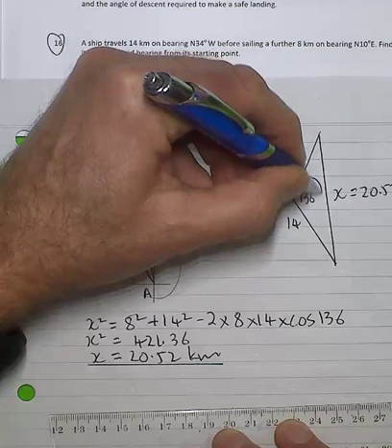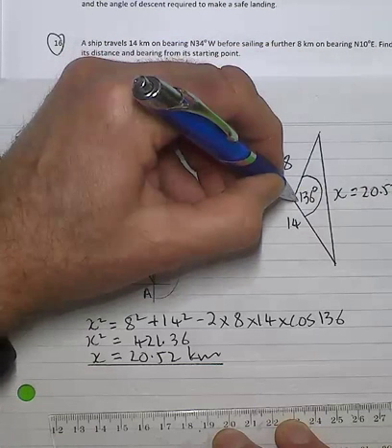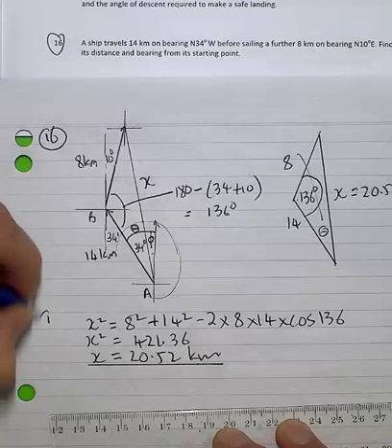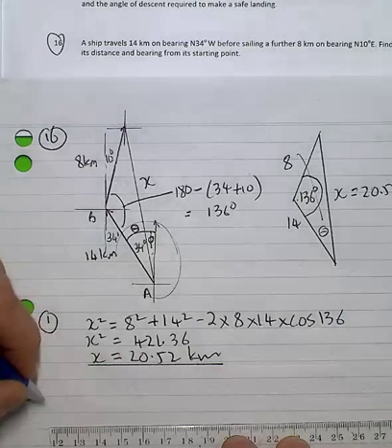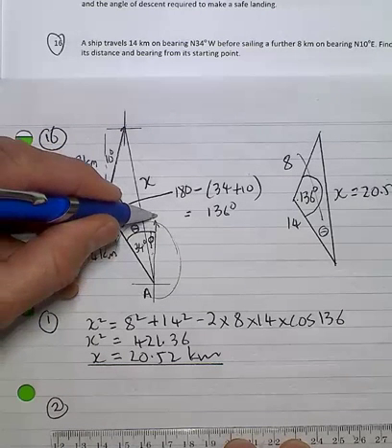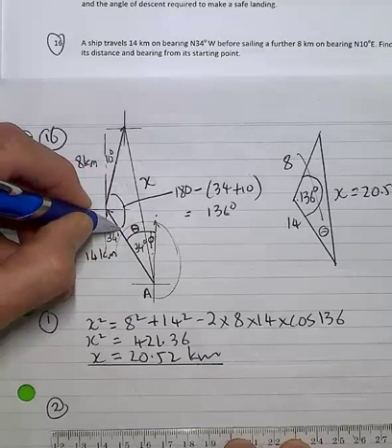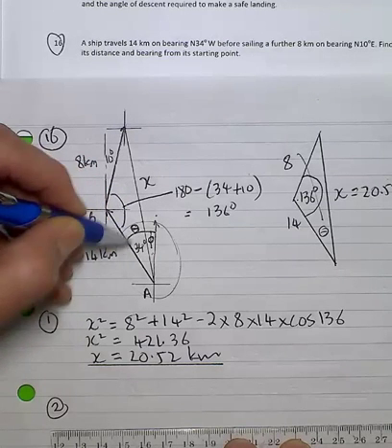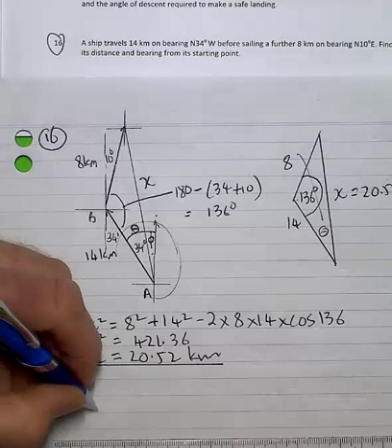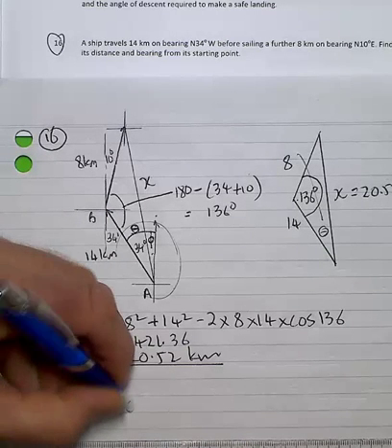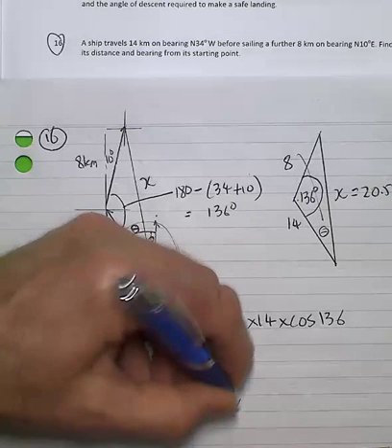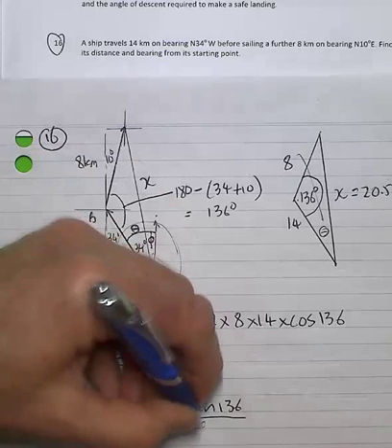I've got a pairing of an angle and the side length, and that 8 is partnered with theta. So 1, I found x. 2, I'm going to find this angle theta, because theta is part of that 34 degrees. The difference between 34 and theta is going to give me my bearing from the north. Now it's sine of theta divided by 8 is equal to sine of 136 divided by the 20.52.